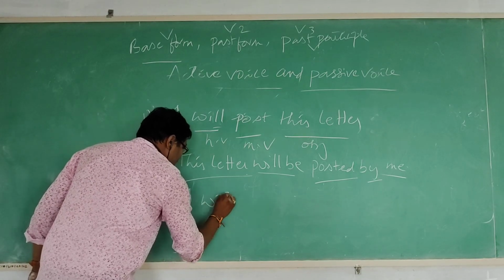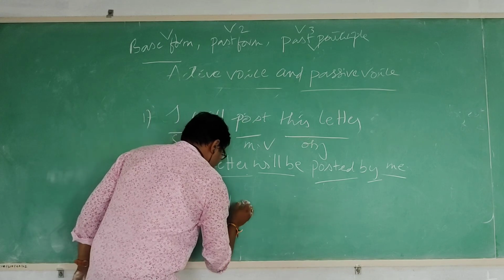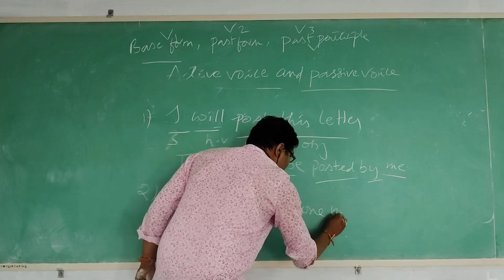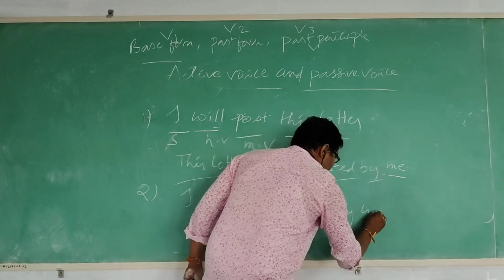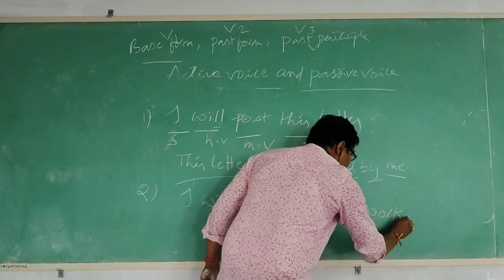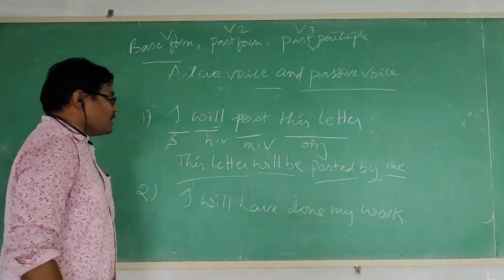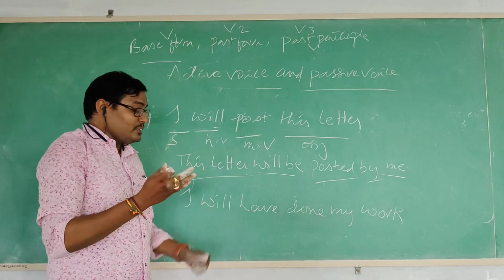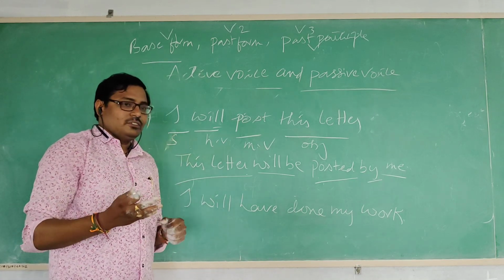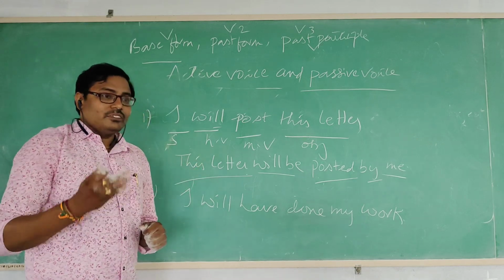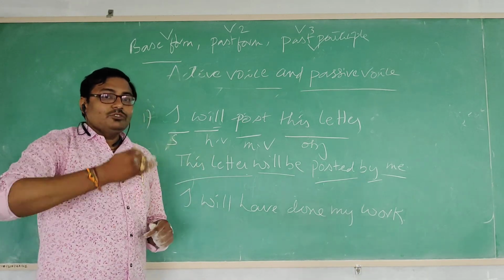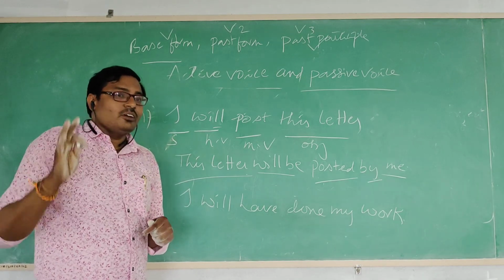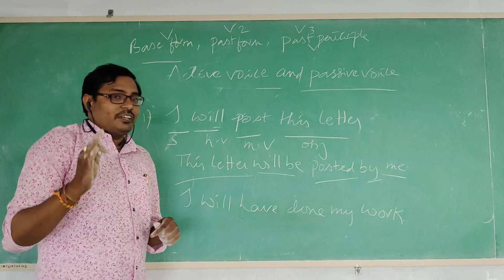Now let us see another example. I will have done my work. In this sentence, the sentence is in future perfect tense. Future perfect tense means any action which is supposed to be completed in the future. Those sentences are called future perfect tense.